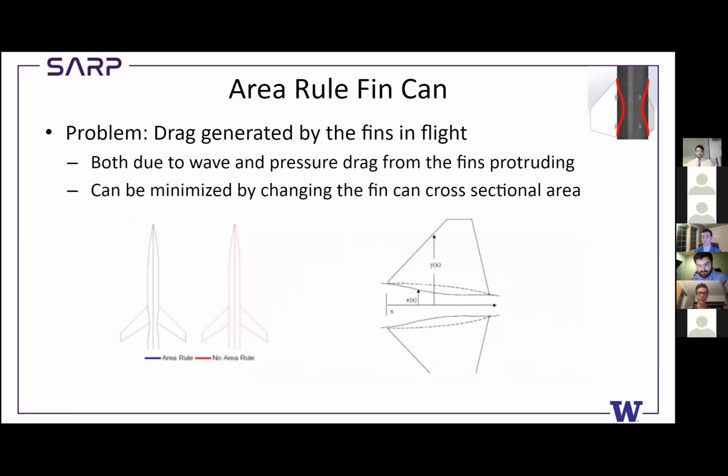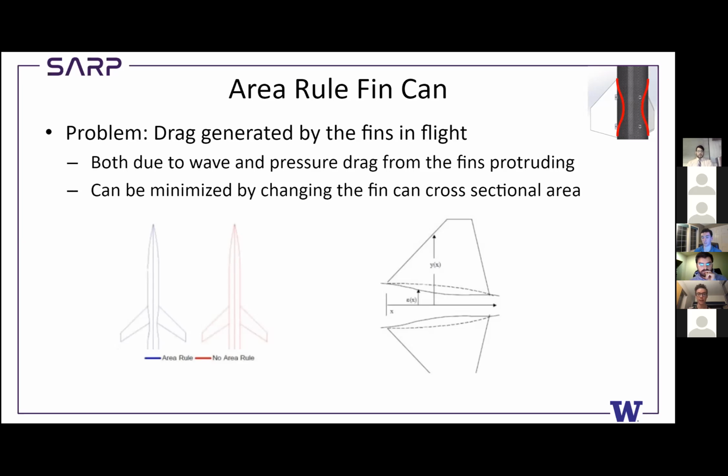Great, thank you, Patrick. So the driving concept behind this is that the fins are going to be generating drag, and the idea is that by reducing the size of the fin can and having it swoop in where the fins are located, we can try to reduce that drag as much as possible by keeping the cross-sectional area of the rocket as constant as we can.